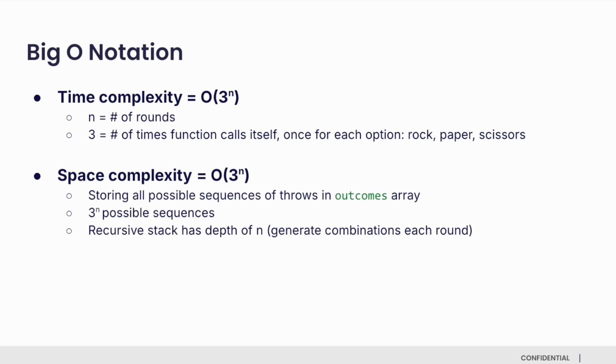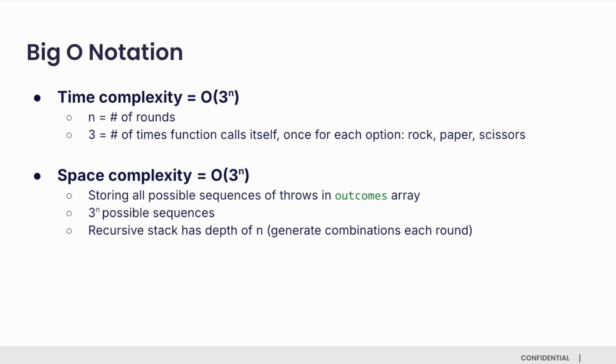In terms of space complexity, this is also going to be O(3^n), and that's because of the fact that we're storing every possible sequence of moves into that outcomes array. Just like the time complexity, the number of sequences we store is going to grow exponentially with the number of rounds. Another thing we have to consider is the recursion stack.